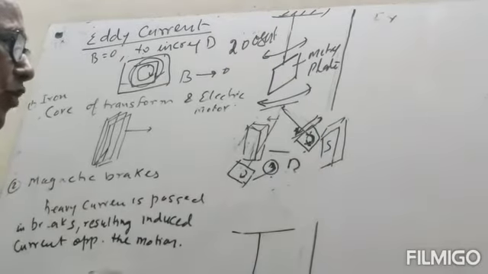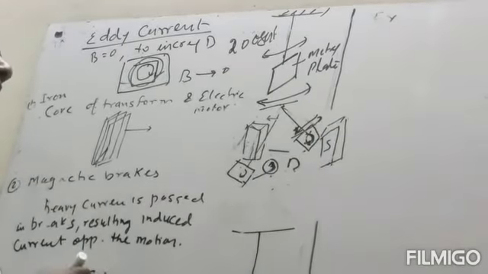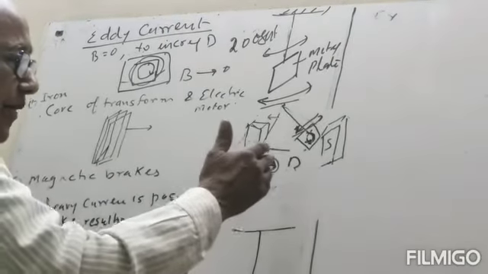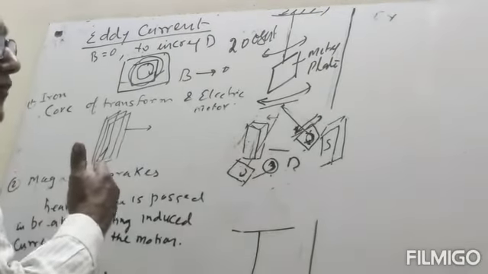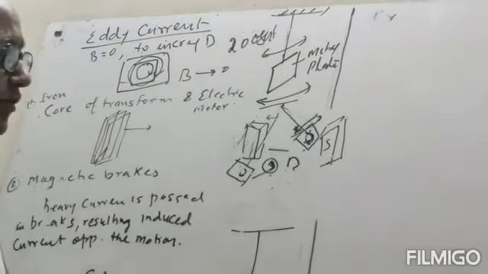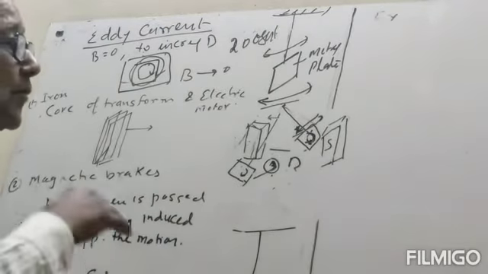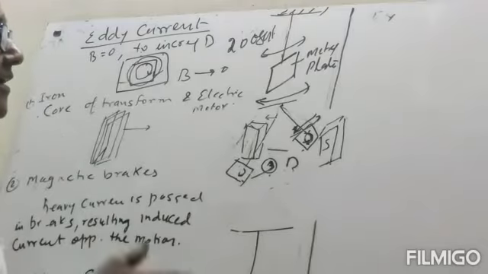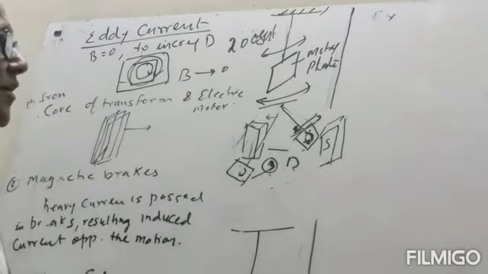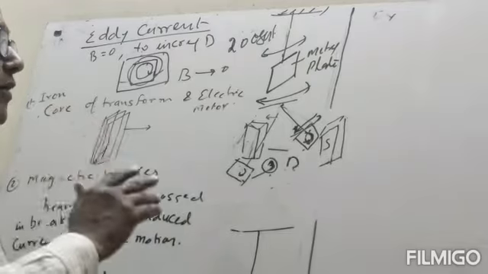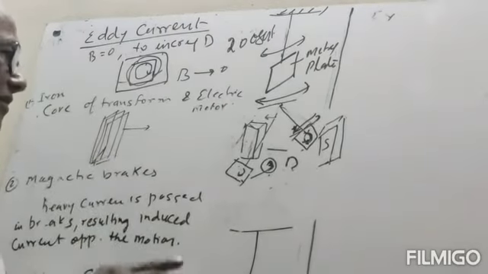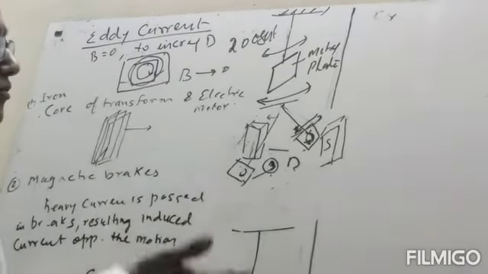So in both cases, when the pendulum is entering and going out of the field, the induced EMF and induced current are in opposite directions, and this induced current will damp the oscillations, which will decrease, and after a few oscillations it will stop.